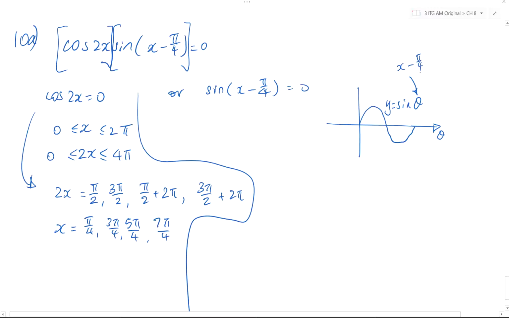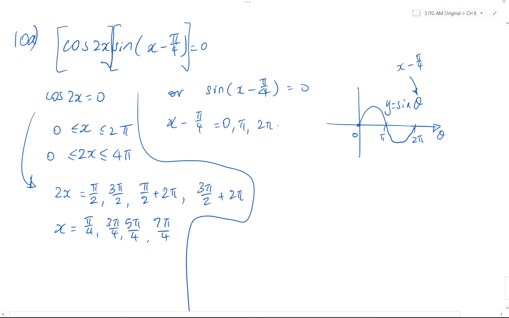But it is troublesome to draw the graph of y equals sine (x minus pi over 4), so we just draw y equals sine theta, and we realize that it is equal to 0 when I have 0, pi, and 2 pi. So this tells me that x minus pi over 4 is equal to 0, pi, and 2 pi.